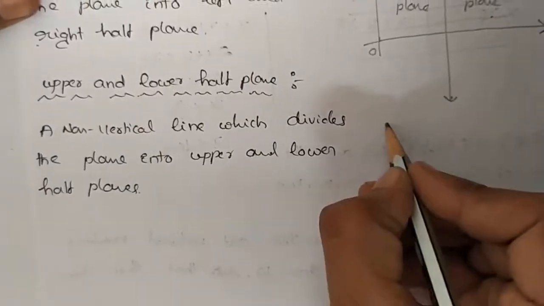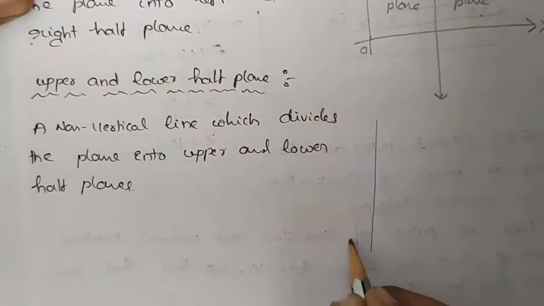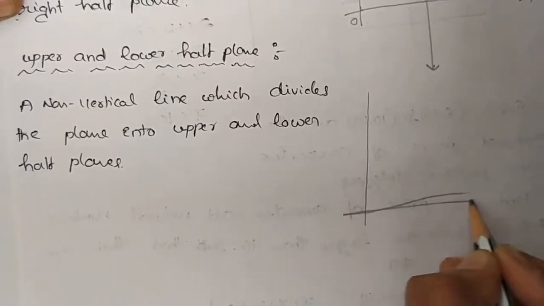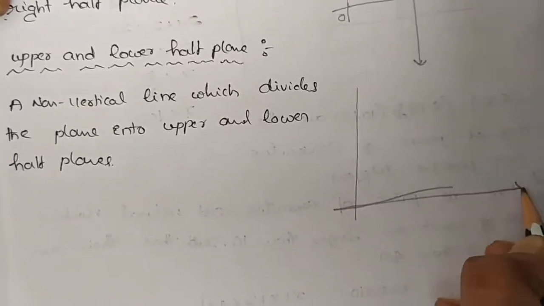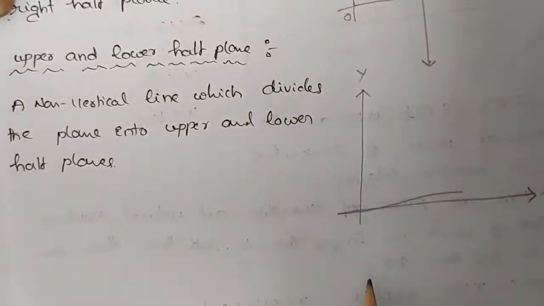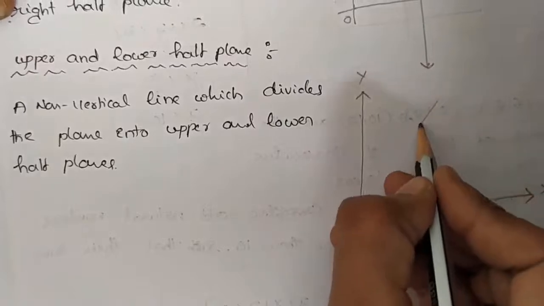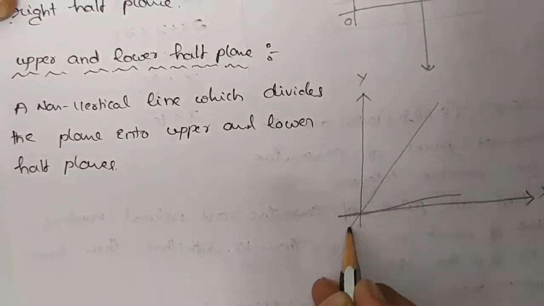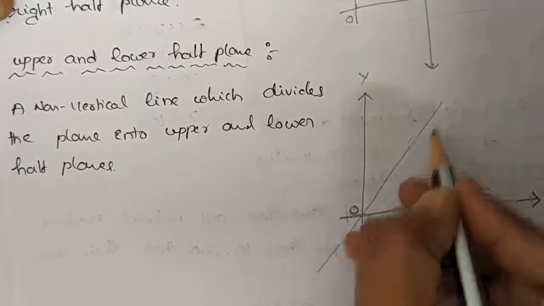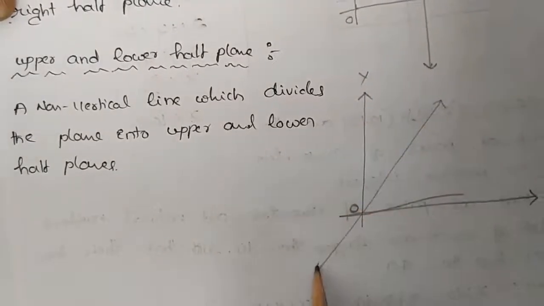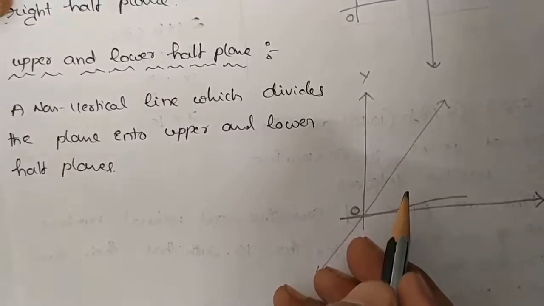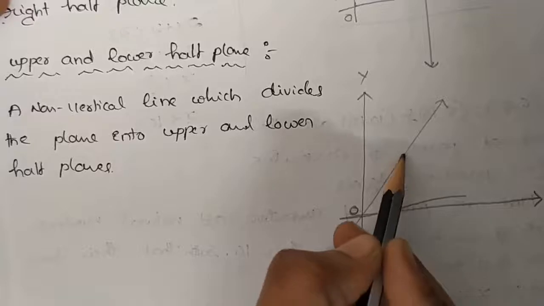If we take a plane, use the scale to draw x and y. It is a non-vertical line. Kindly use a scale to draw all these lines. A non-vertical line will divide the plane into upper and lower half plane.